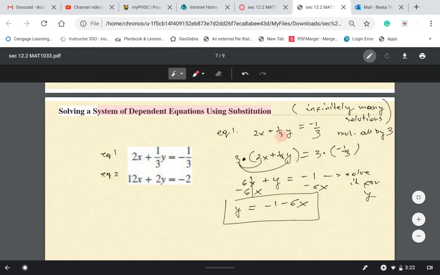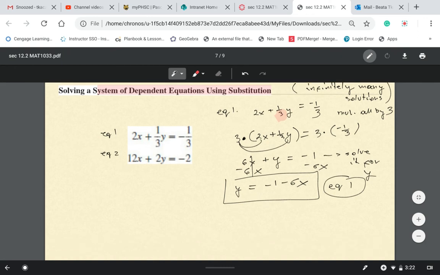So this is equation 1 solved for y. What we're going to do next is work with equation 2 and replace y with negative 1 minus 6x.